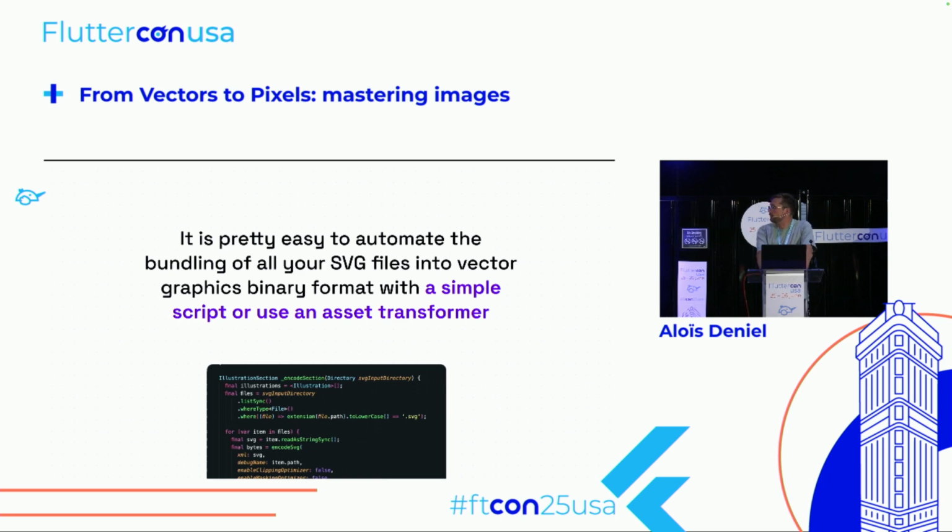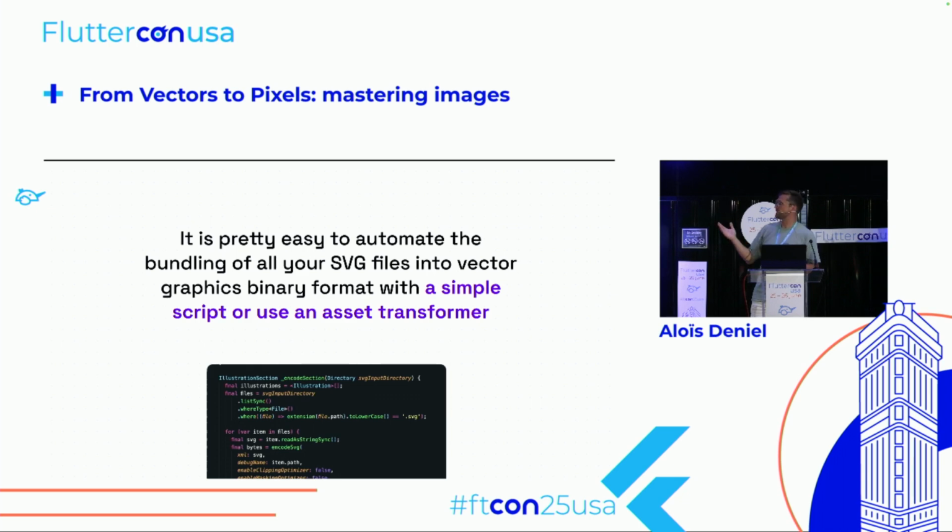You create a script, for example, to convert all your SVG files into vector graphics and put them into your assets. And this way, the first time that your asset is loaded, you don't have this XML parsing step and storage saving step. So it's a lot more performant, and sometimes you can save a few frames thanks to this transformation done beforehand.